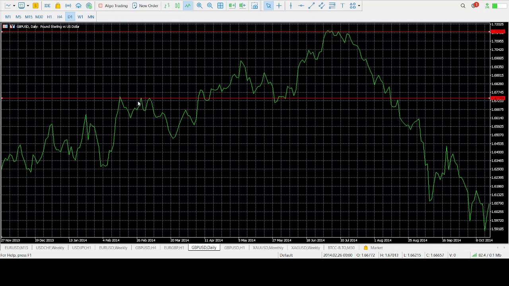If the buyers cannot hold the momentum, usually there will be a reversal in the market, and it's happening here. We'll talk more about these patterns when we learn the candlestick chart and when we learn to use some indicators that will give us better confirmation of what we are seeing.